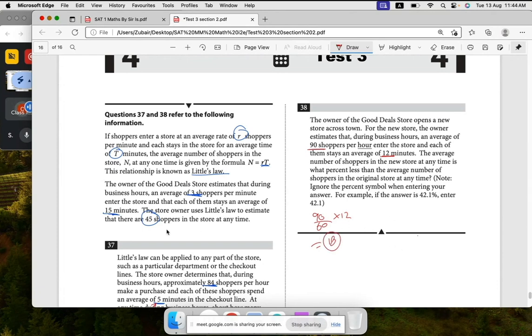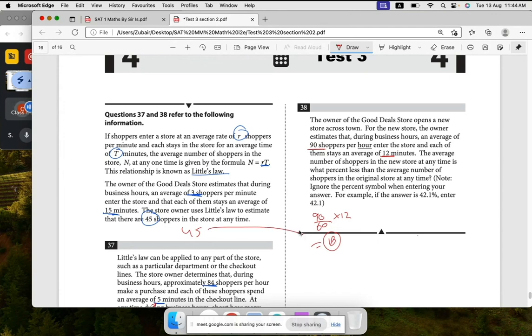And there were 45. So the average number of shoppers in the new store at any time is what percent less than the average number of shoppers in the original store at any time?